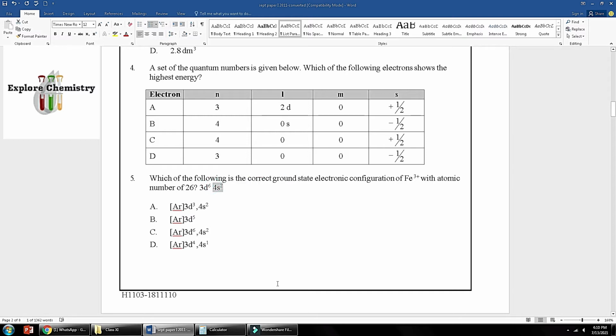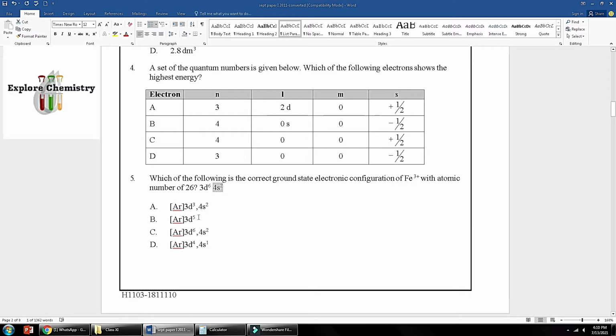While filling the electrons, as you all know, 4s has lower energy, so first electrons will go in 4s, then in 3d. But after filling electrons, 4s energy will become equal to the energy of 3d. So when removing electrons, first electrons will be removed from the valence shell, that is 4s. So first of all these two electrons will be removed, then one electron from 3d will be removed.